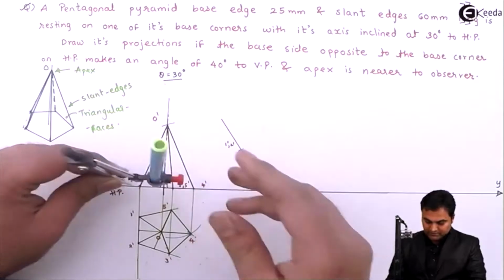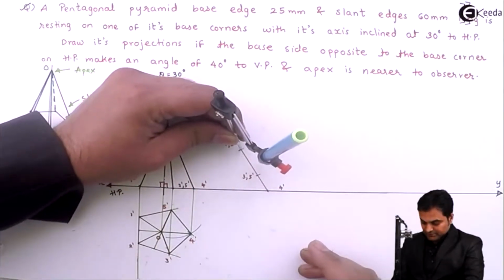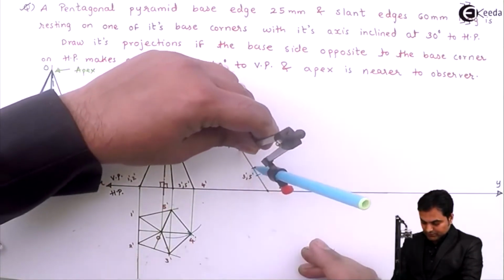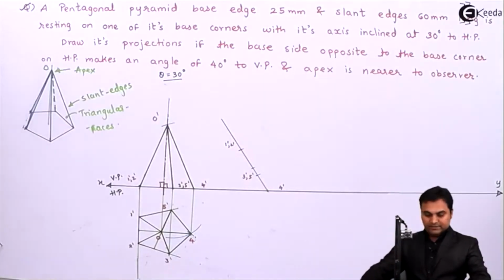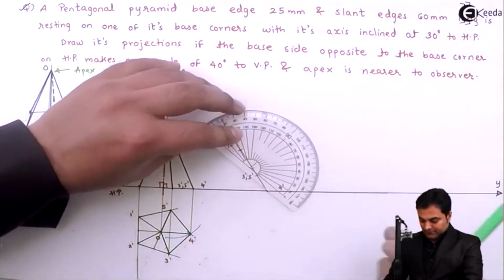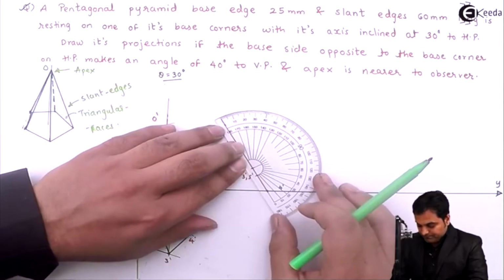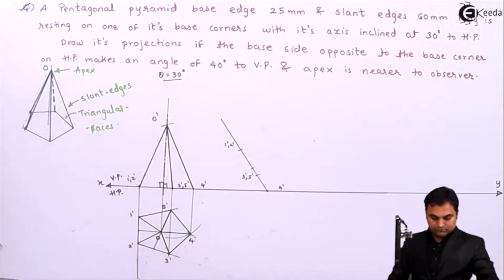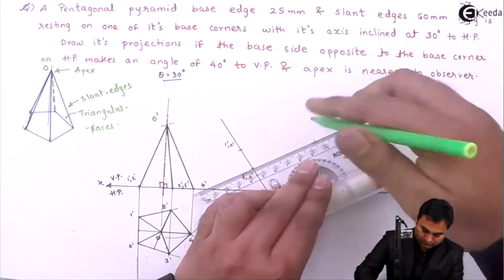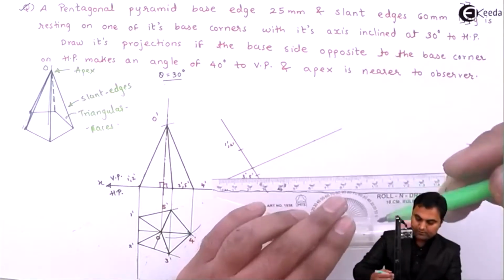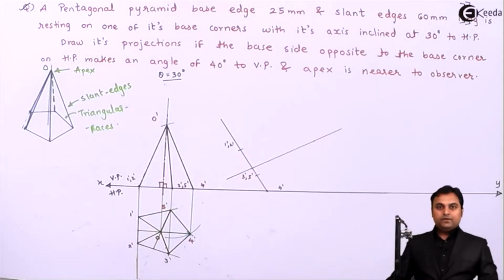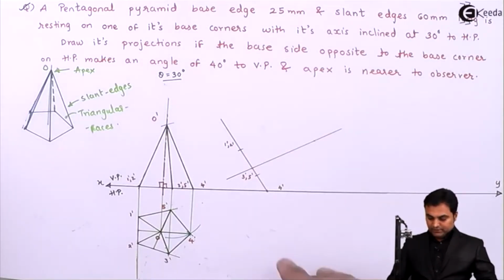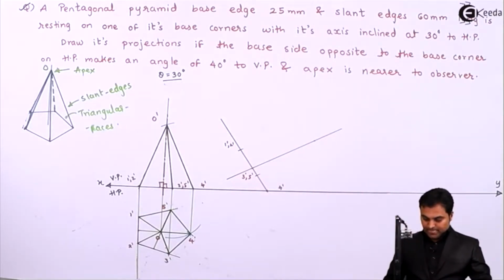Then up to the axis, I'll measure the distance of the axis and plot it here. And from there, I'll draw a perpendicular line. Next, this shows the axis.